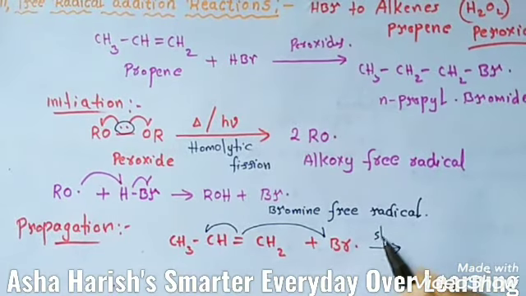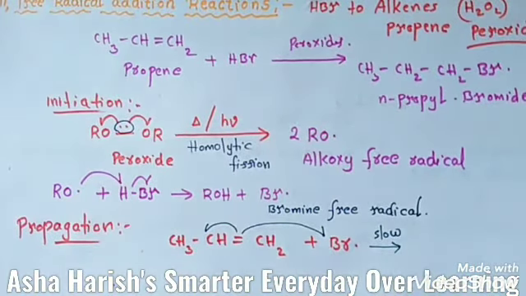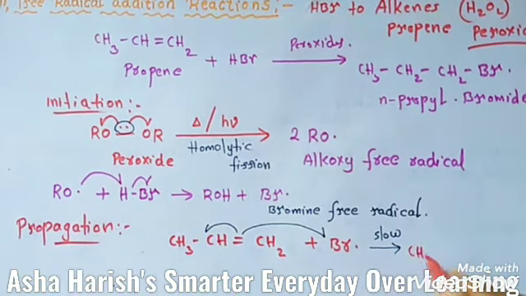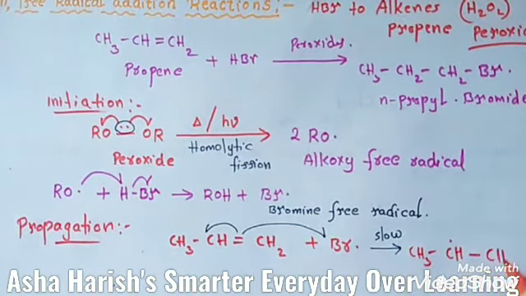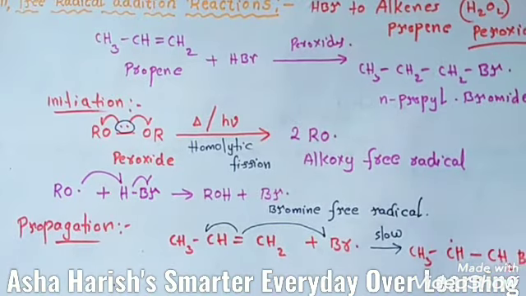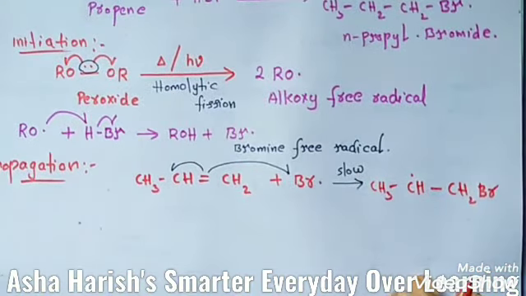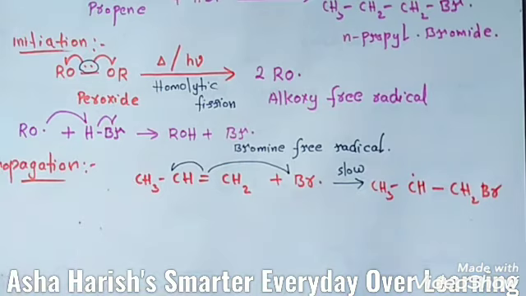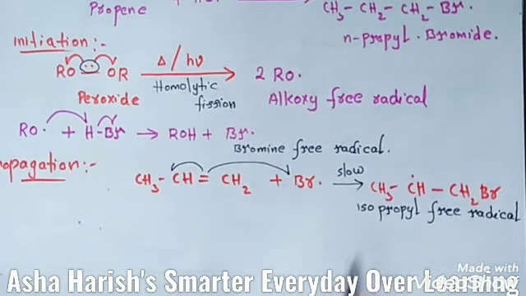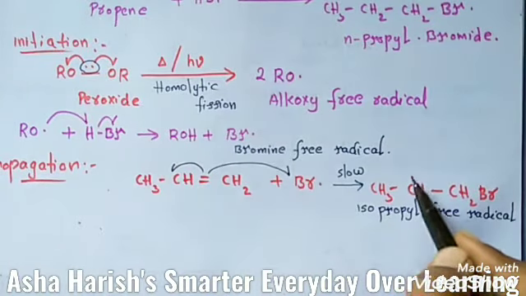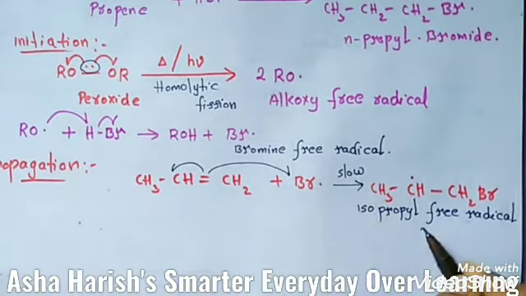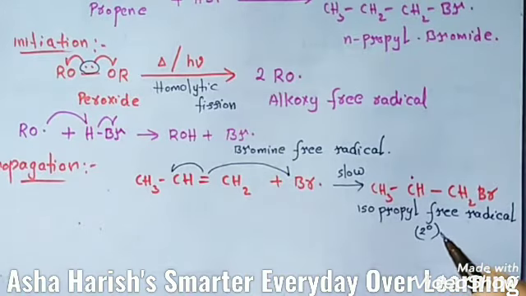So this is a slow reaction. Then the formed compound is CH3 CH radical CH2 Br. So the name of this compound is isopropyl free radical. At the second carbon, radical formation is there, so it belongs to the secondary one.